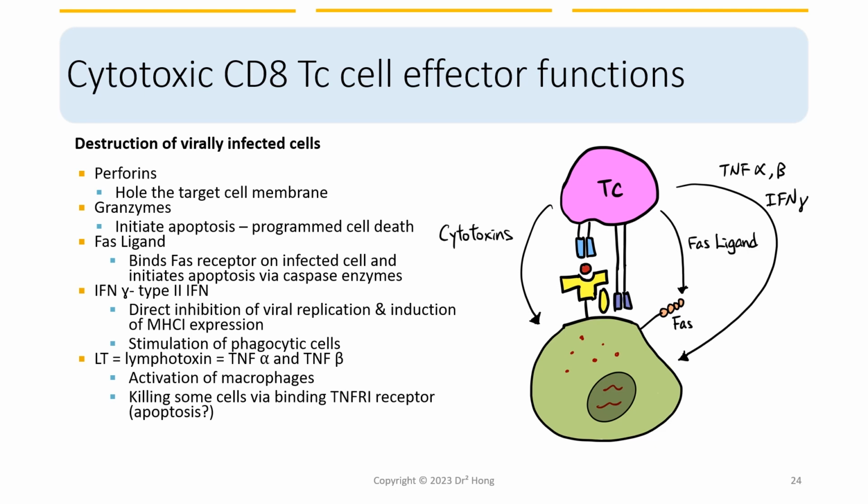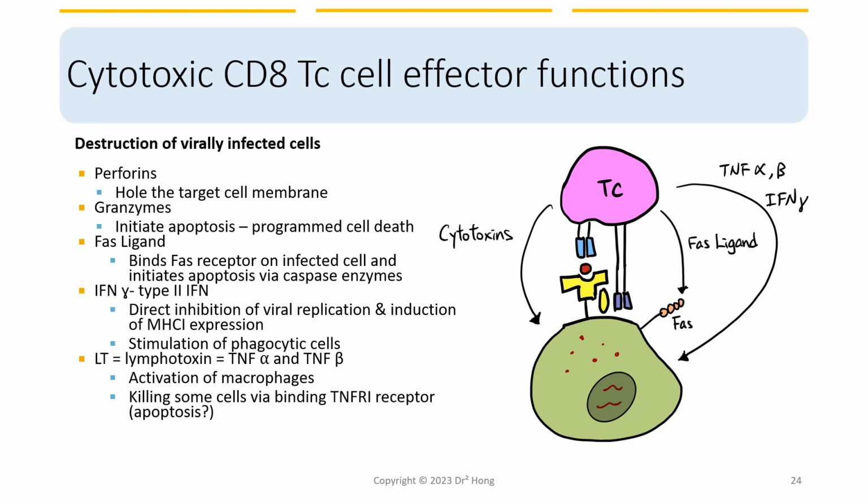Now, in addition to that, the cytotoxic T cell is also going to release interferon gamma, which is a type 2 interferon that directly inhibits viral replication by interrupting the protein translation process, and also induces more MHC class 1 expression, as well as stimulating phagocytic cells.